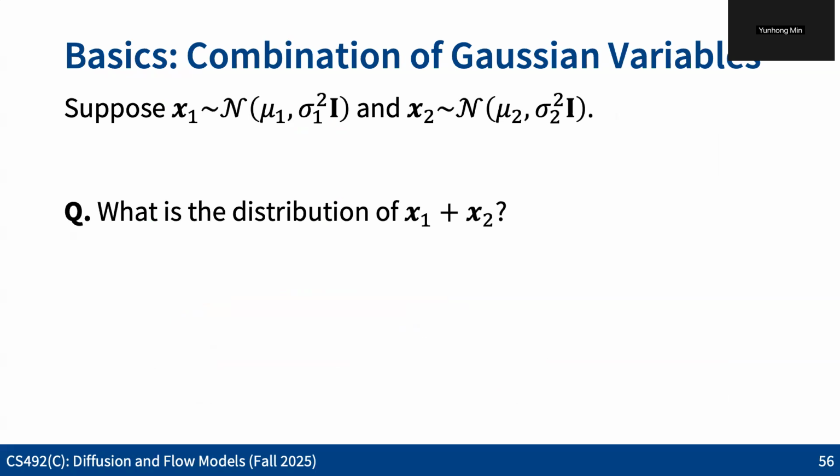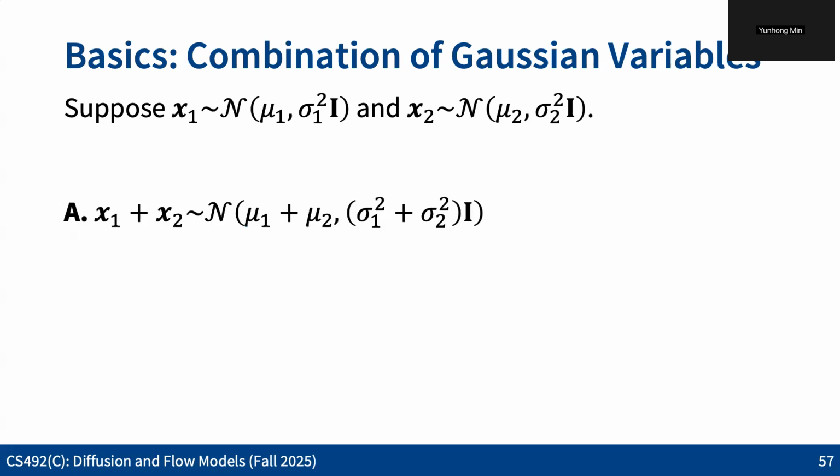Let's consider we have a sample x1 from this specific Gaussian distribution, and x2 from this specific distribution. Then can we also express x1 plus x2 as a sample from another Gaussian distribution? Yes, the answer is yes.